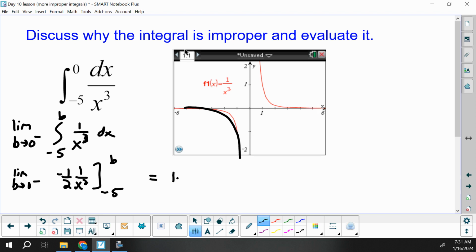Well, this is going to become limit as b approaches 0 from the left. This is -1 over 2b squared, and it'll be plus, so we sub the -5 in for x, we'll get 25 times 2, so plus 1 over 50.